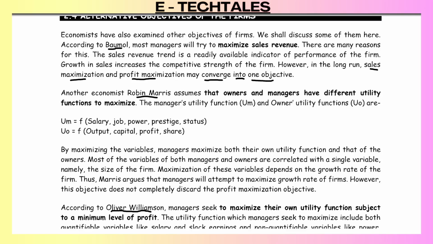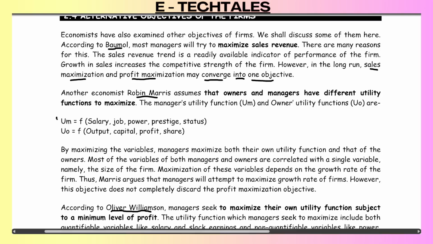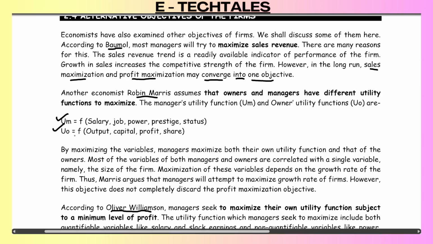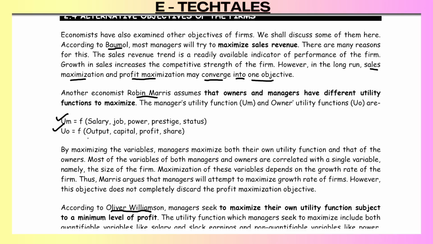etc. The manager's utility function is denoted by UM. It includes salary, job security, power, prestige, and status. Now, the owner's utility function, that is UO, includes output, capital, profit, and share value.